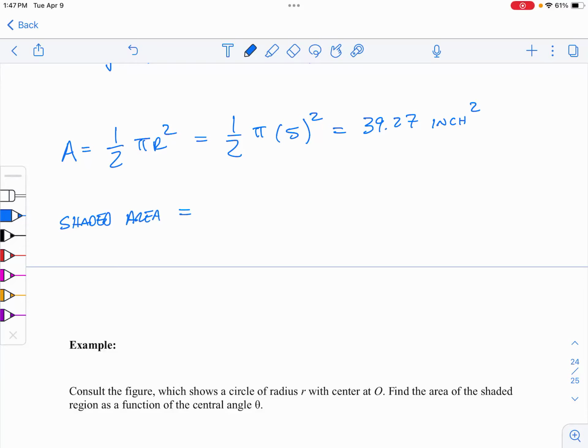And once again, then the shaded area is just the subtraction of the 2. Which then gives us 15-ish inches squared.